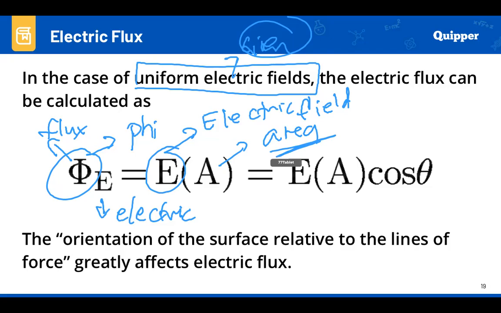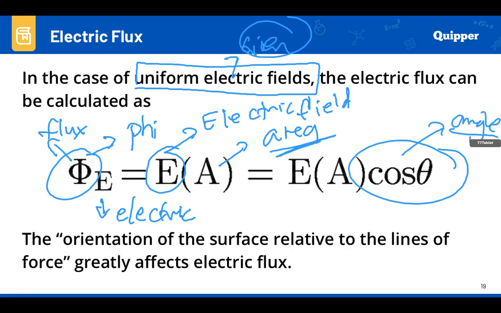Or, as you can see here, cosine theta, if we have an angle given in our problem, we will also use that one. So we have E times A times cosine theta. The theta here will be the angle. Okay, so this will be the main formula: EA without an angle, EA cosine theta if we have an angle.